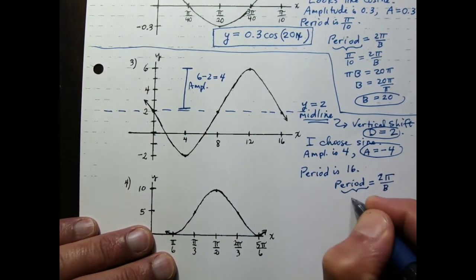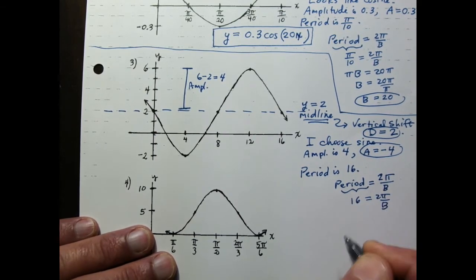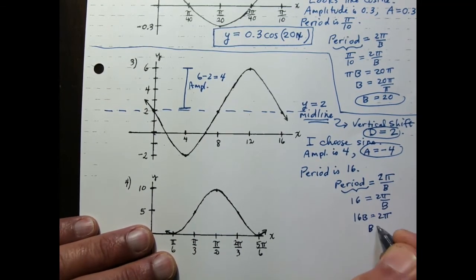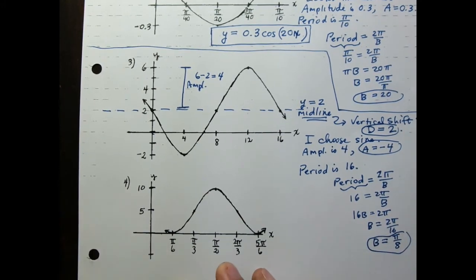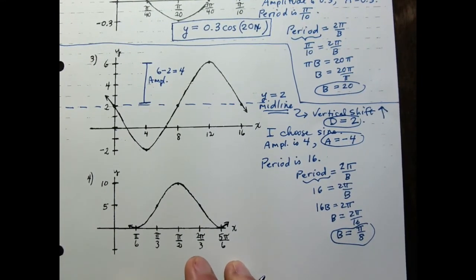We're going to plug in 16 equals 2 pi over b and solve for b. 16b is 2 pi, so b is 2 pi over 16. My b value is going to be pi over 8. I reduce that.